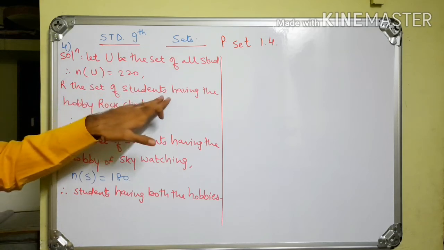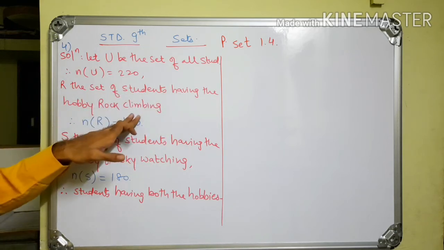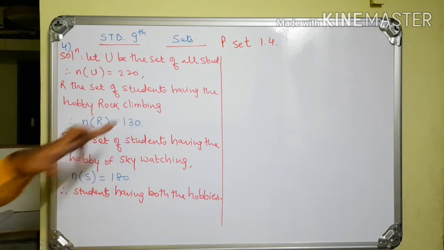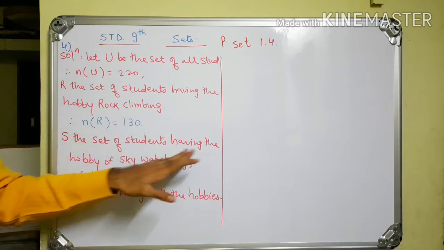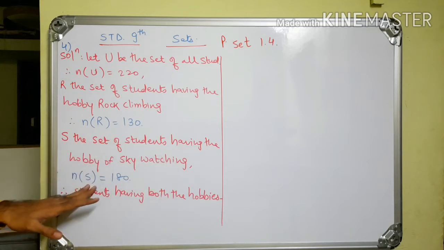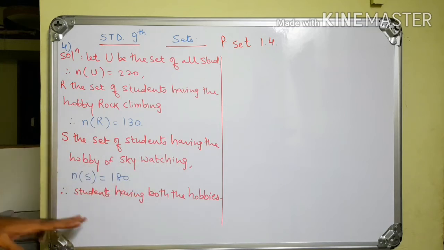R is the set of students having the hobby of rock climbing. So n(R) equals 130. S is the set of students having the hobby of sky watching. So n(S) equals 180. Now we will find students having both the hobbies. What set will represent them?